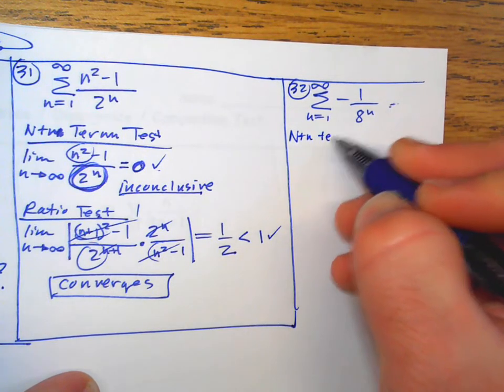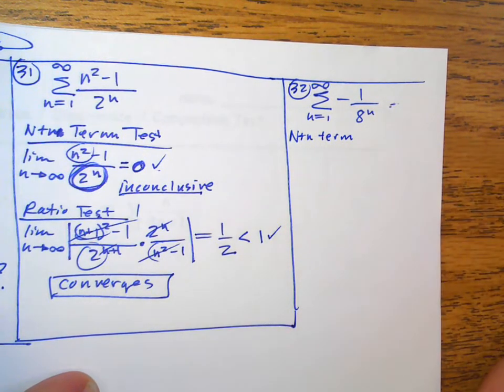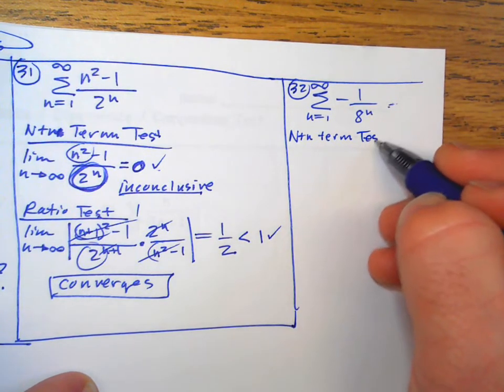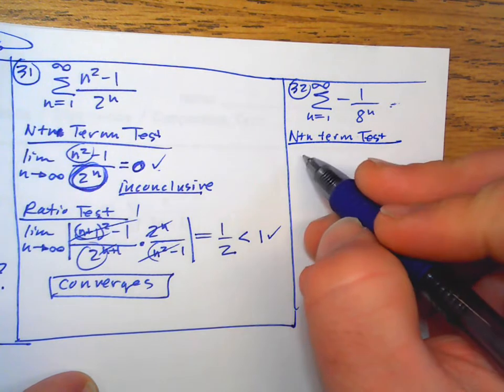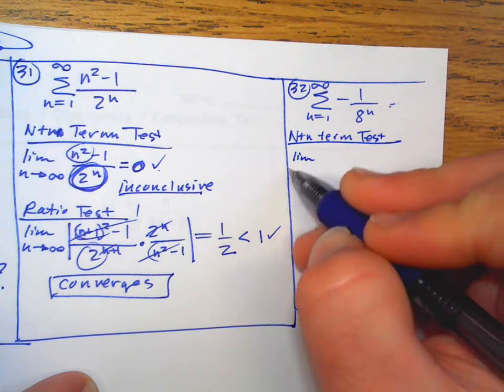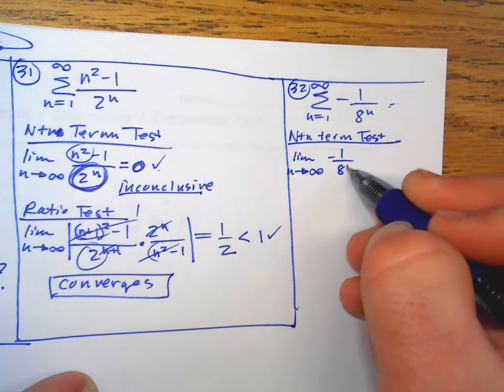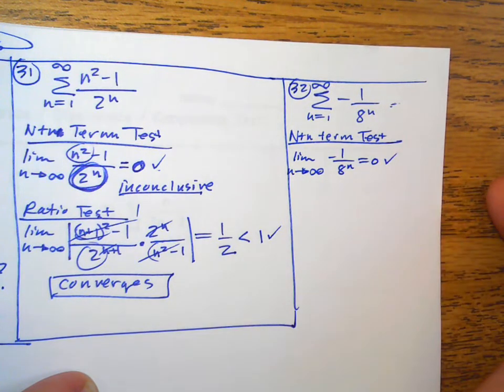So if you're thinking of this as a geometric series, which we could call a geometric series test, I'll actually write that down as an option. Nth term test: limit as n goes to infinity of negative 1/8 to the n goes to 0, which is good. Not enough, though.